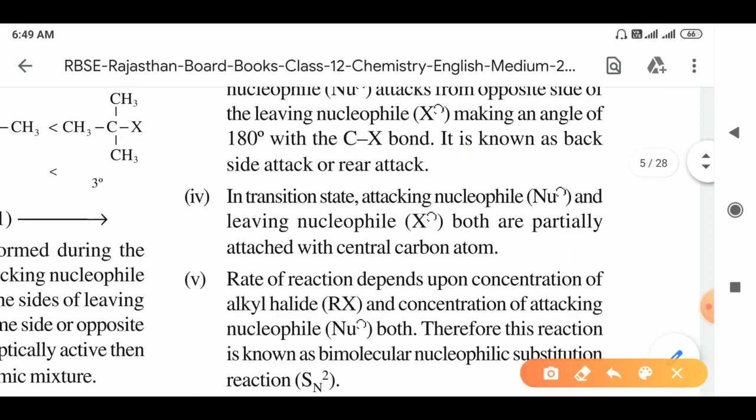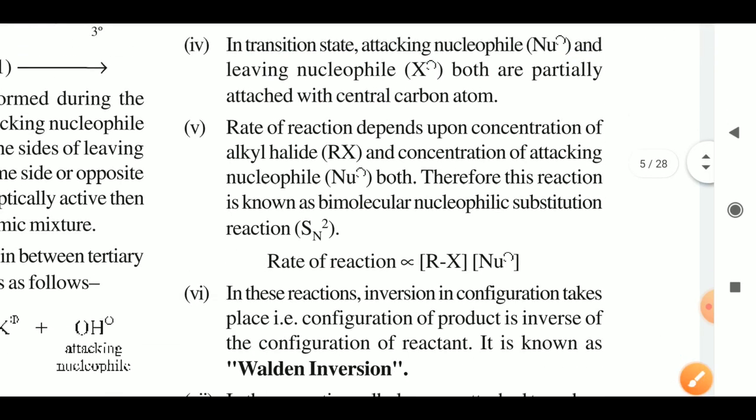In the transition state, the attacking nucleophile and leaving group are both partially attached with the central carbon atom. Now, the rate of reaction depends upon the concentration of alkyl halide and the concentration of the attacking nucleophile, both. But in the SN1 reaction, it depends only on the RX in the first step.